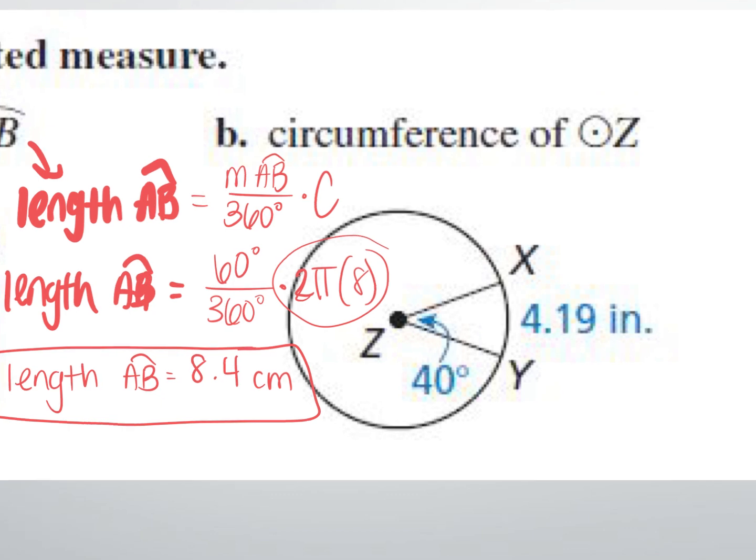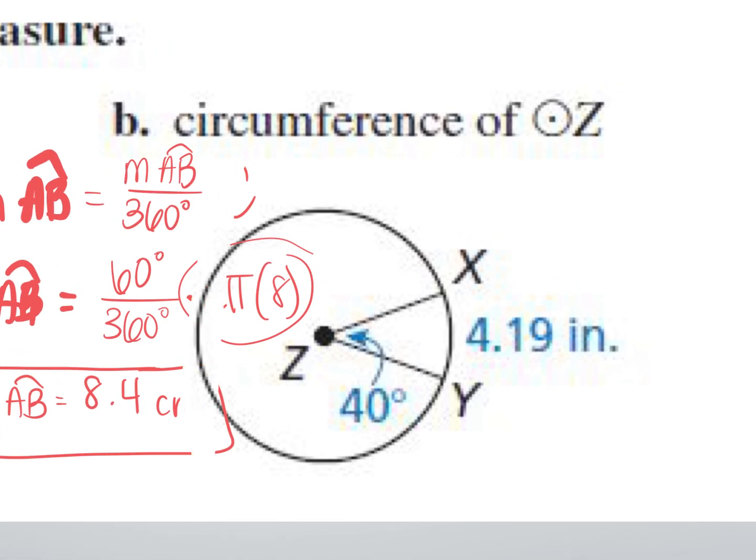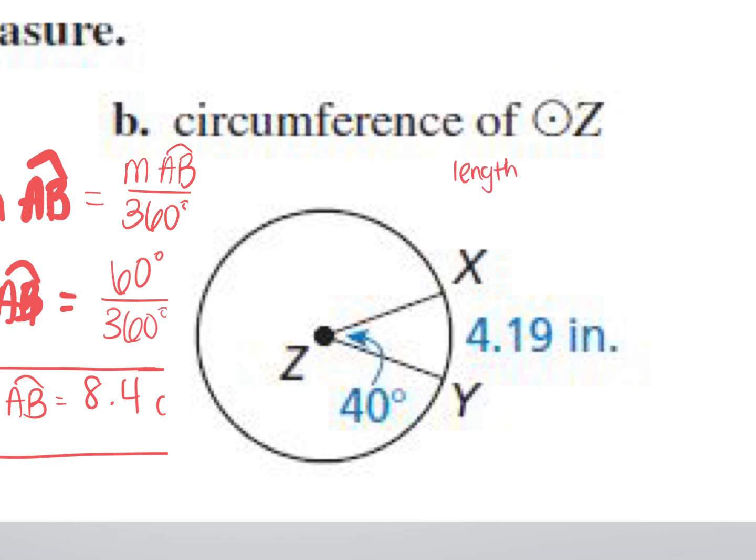In letter B, it wants us to find the circumference of the circle Z. All right? But it gives us the arc length and it gives us the measure of the arc. So let's set up the exact same formula. It's going to be the length of what arc? XY equals the measure of that same arc XY over what? 360 degrees times what? 2 pi r.